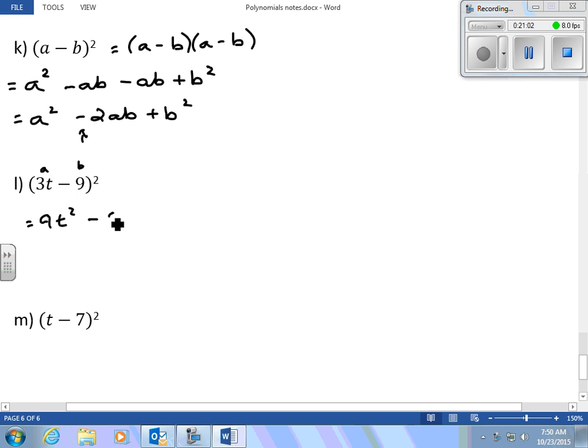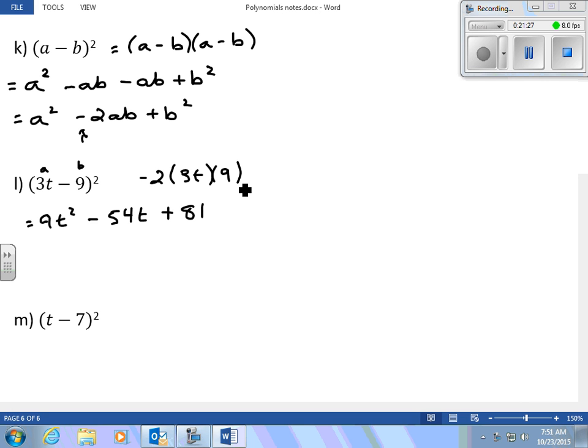So it'll be minus 54t plus b squared, so plus 81. So now we've done it in one step. If you need to see how that middle term came out, it's negative 2 times 3t times 9. So negative 6 times 9, 54. I'll just put that there.